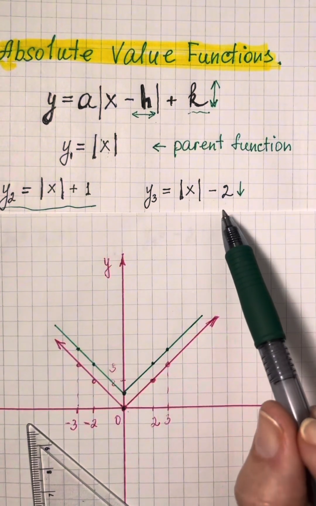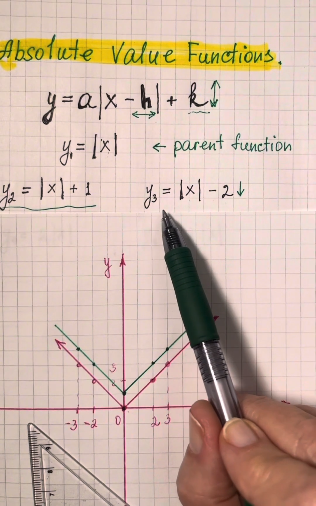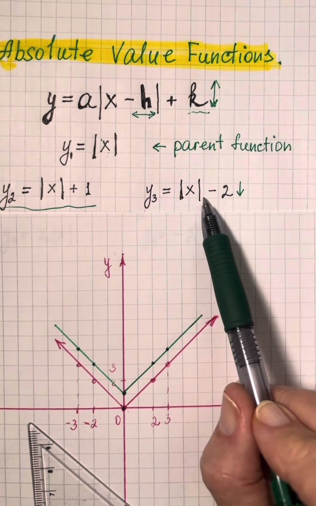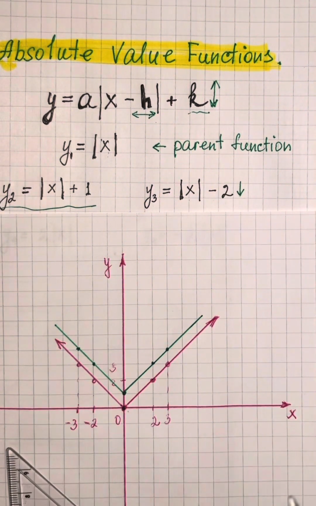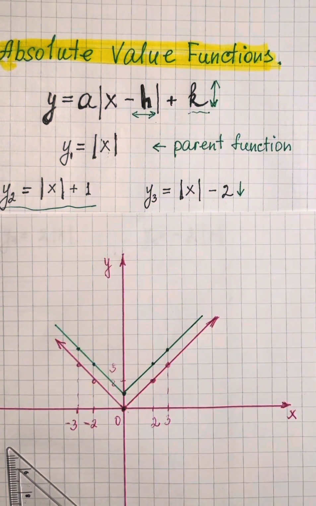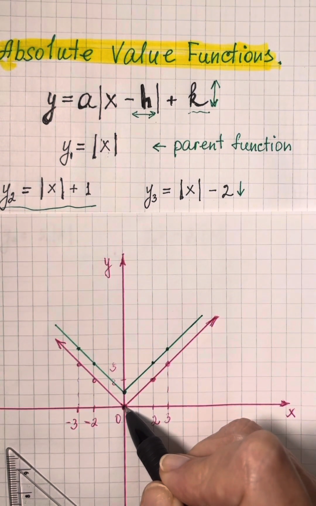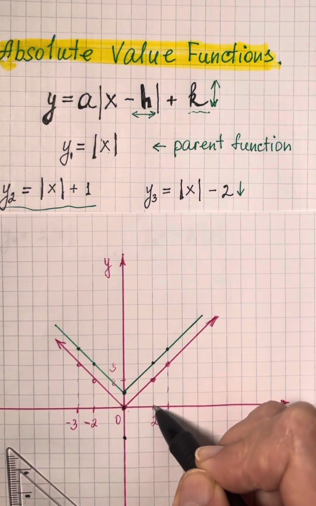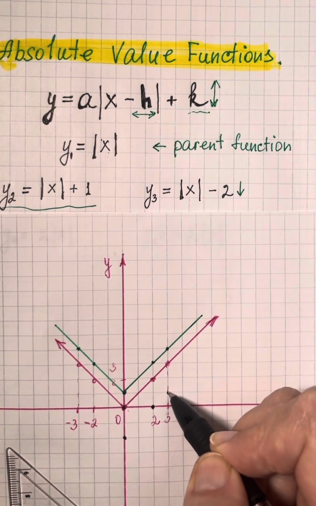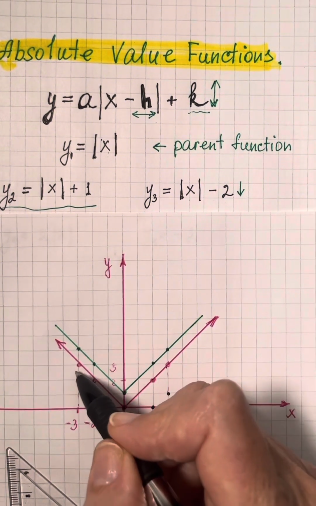Let's see the same with function y3. So there's the parent function, and it's shifted 2 units down. Each point of the parent function would be shifted down by 2 units.